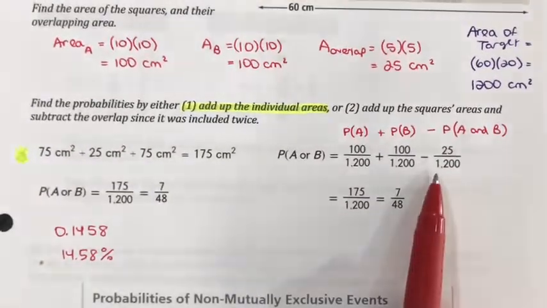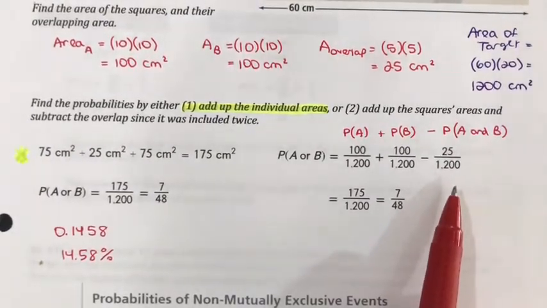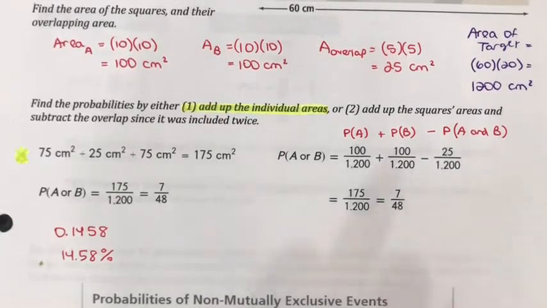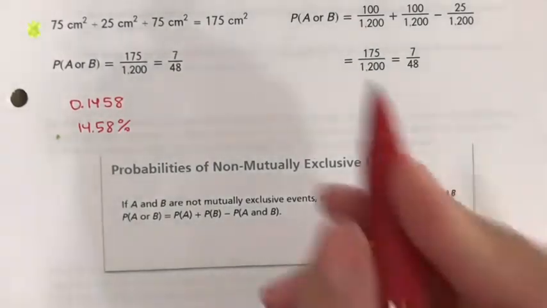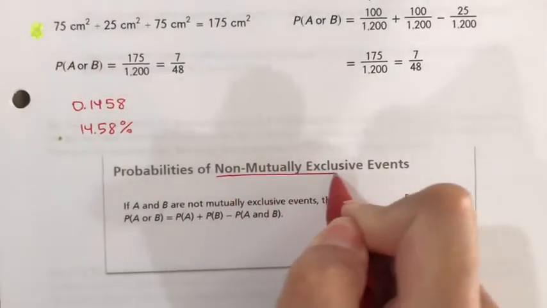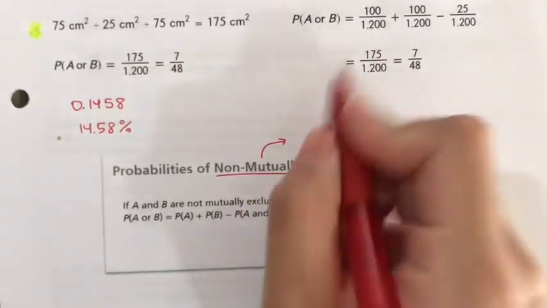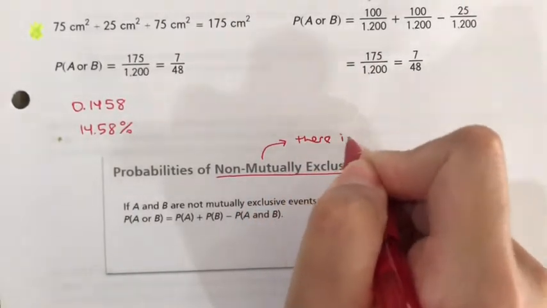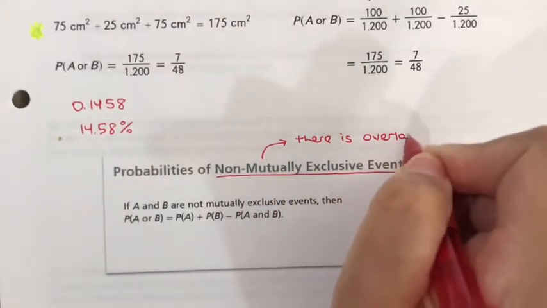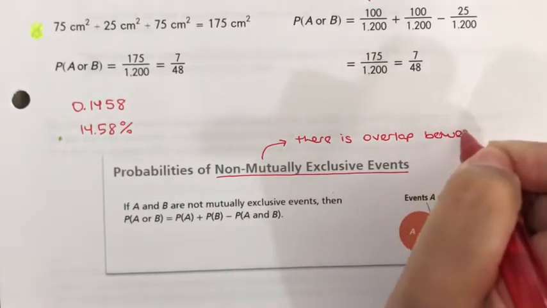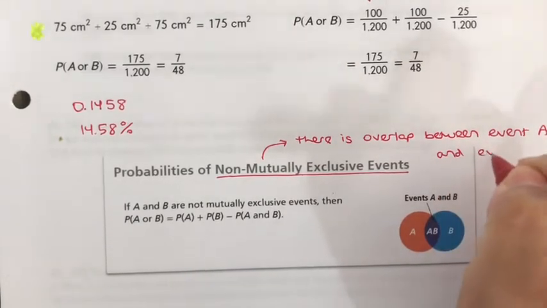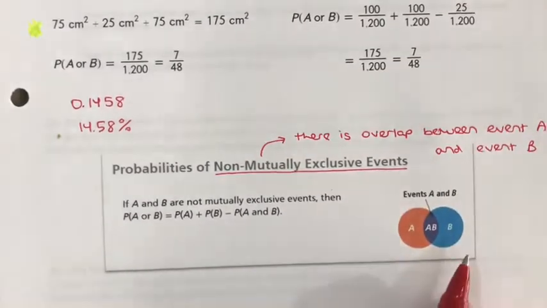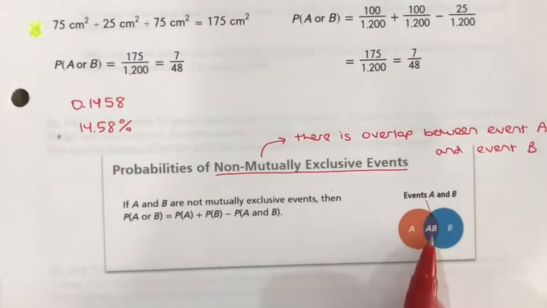Okay, most of the time I will tend to use this process just because it usually will be a little bit easier. Okay, and then so when we talk about non-mutually exclusive events, that means there can be overlap. There is overlap between event A and event B. Kind of like this diagram here where you've got A and B in the middle. It's like a Venn diagram.